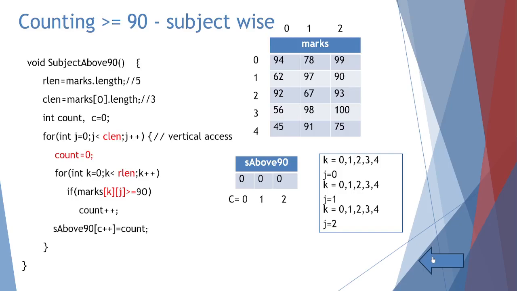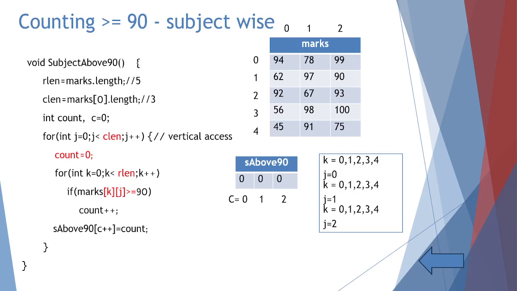Then for each iteration, if you see this, inner loop k: 0, 1, 2, 3, 4, outer loop 3 times only, j0, j1, j2. And in the if condition, left hand side, marks of k j, not j k, column wise.